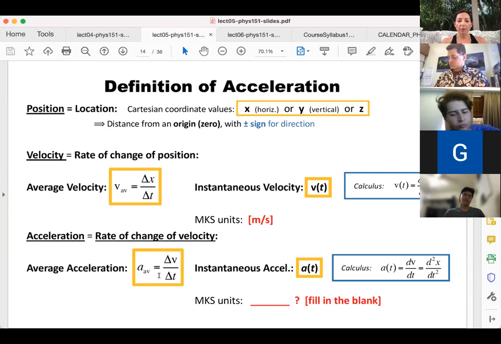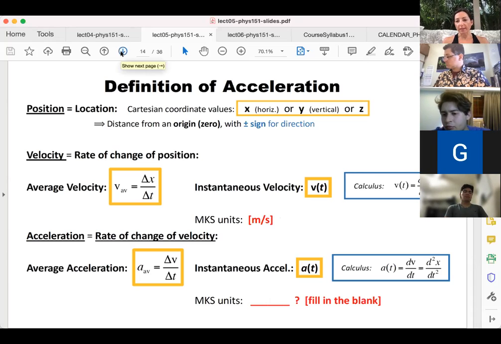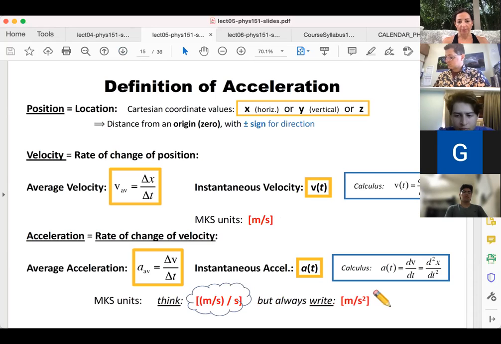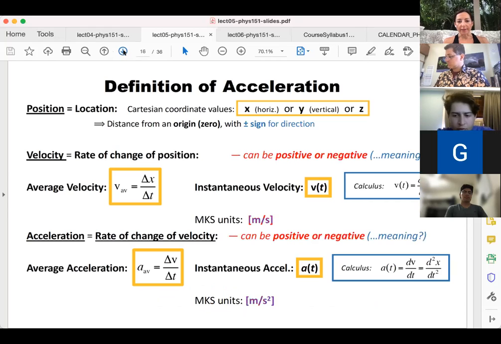The accelerations, which are going to be the units of the acceleration. Because here we have delta v, we know that our velocity is already meter per second. And now I divide again by another second. So it's going to be meter per second squared, right? Which is the units of an acceleration. Yes. So you always write meter per second squared. Okay, sounds good.